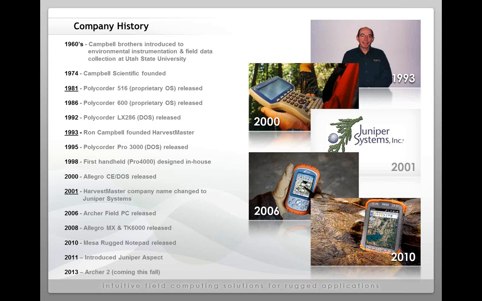Seed companies and the like would use them, and they were driven at that time by handheld computers. Harvest Master still exists and is very much a major part of Juniper Systems. But in 2001, the handheld business had expanded such that we were in a number of different areas, so the name of the company was changed to Juniper Systems.